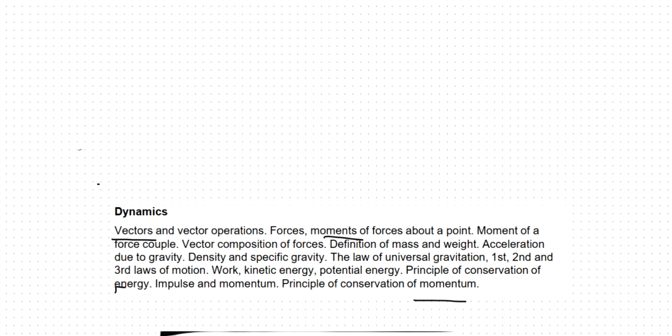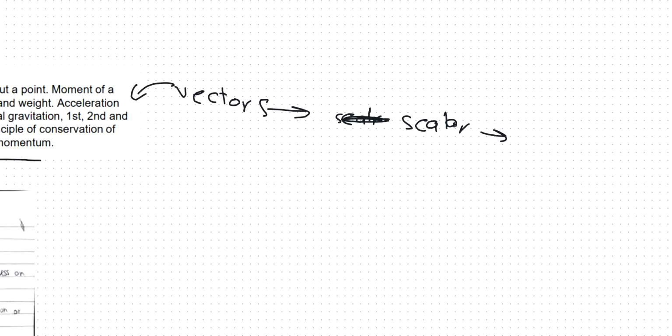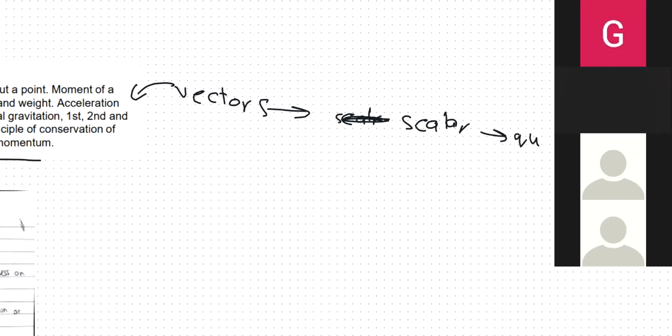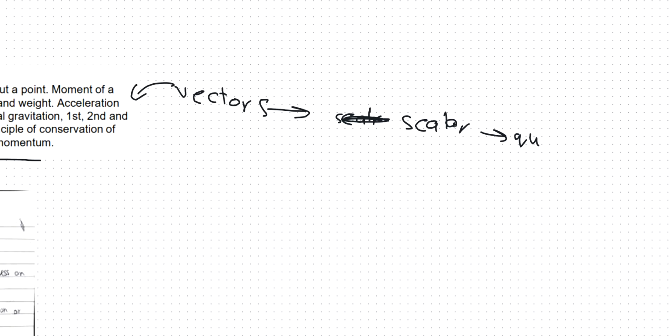So let's start with vectors first. We did vectors in the very first class, so I'll not focus on vectors a lot. I'll just tell you the basics you need to know for this chapter. Remember that scalar quantities only have a unit or a quantity, whereas vectors have quantity or magnitude as well as a direction.